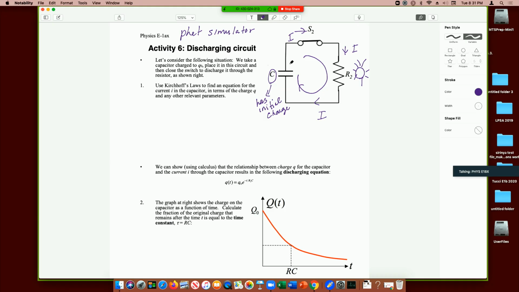Using Kirchhoff's law, what would it look like? I know that the loop rule says that the change in potential all the way around the loop has to be 0. So by the loop rule, if my loop is going in the same direction as the current, then what's the convention?